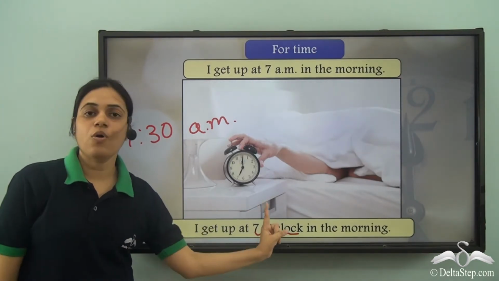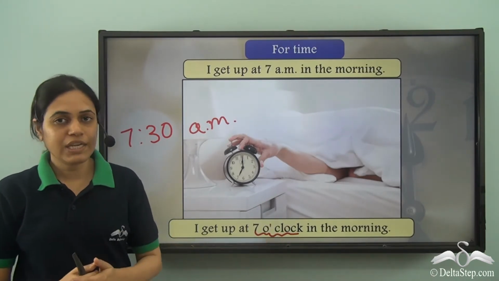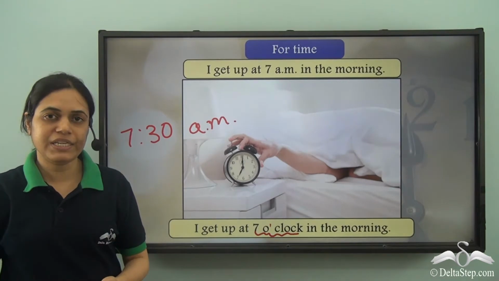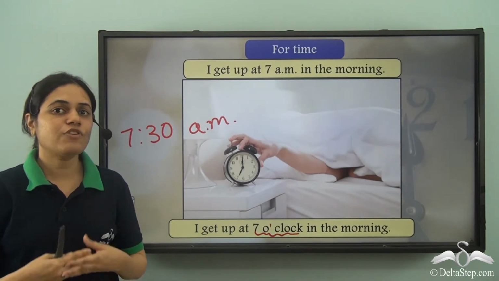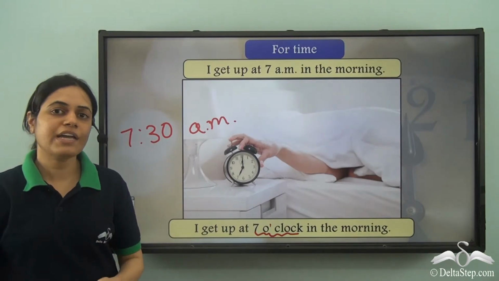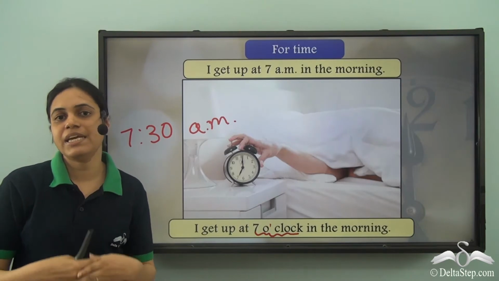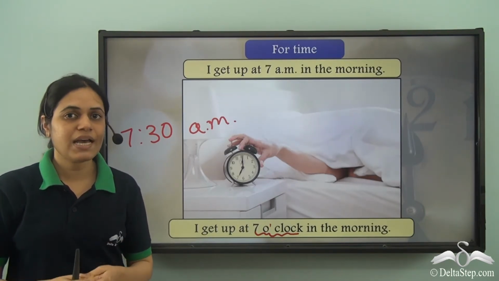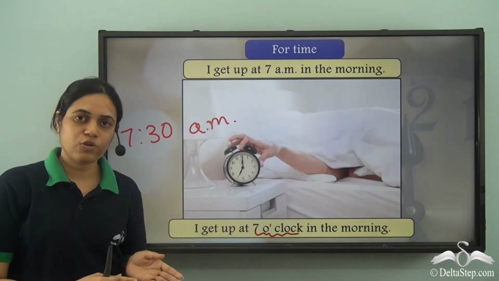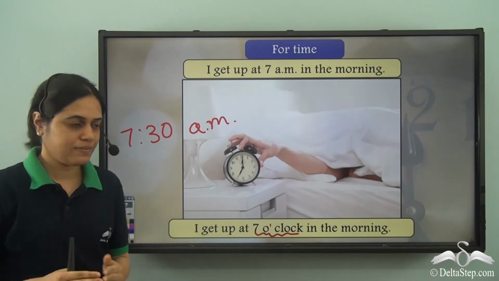We write o'clock, that is time, in this format only if the hour is complete or the minutes are 0. So I can use it for 7 o'clock, 8 o'clock, 9 o'clock, 10 o'clock, but not for 10:10, 7:30, 8:15, not for time like this. But I can use it for 7 o'clock, 8 o'clock, 9 o'clock for complete hours.